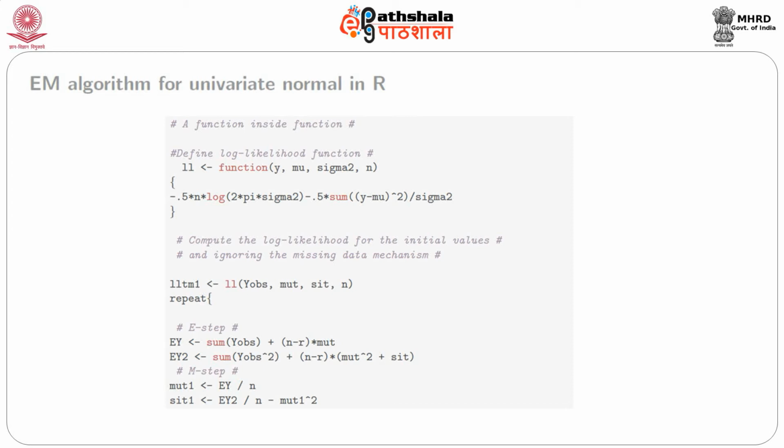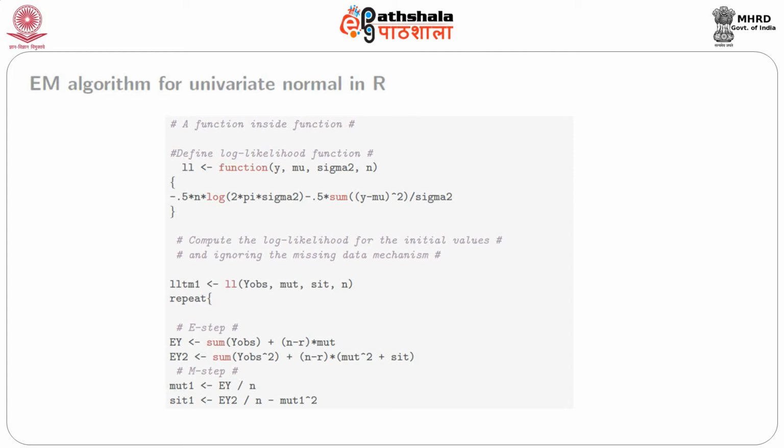Now, after this we compute the log likelihood for the initial value. Here mu is replaced by MUT and sigma square is replaced by SIT. Now we start the E step. In the E step we have to write two expectations, one for Ey and one for Ey square.